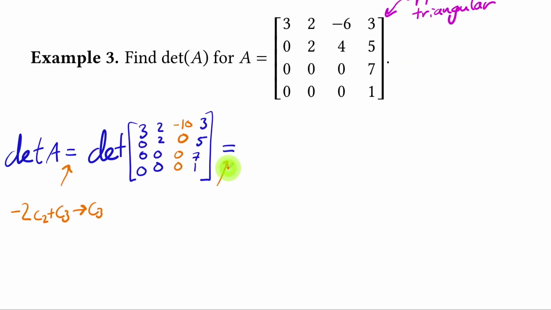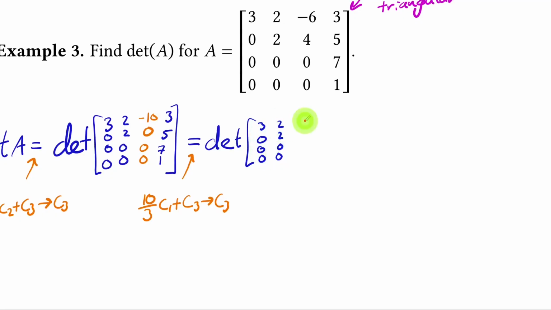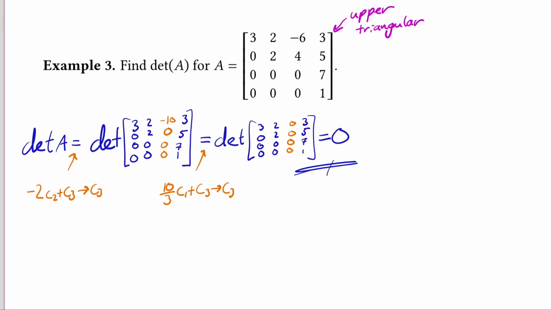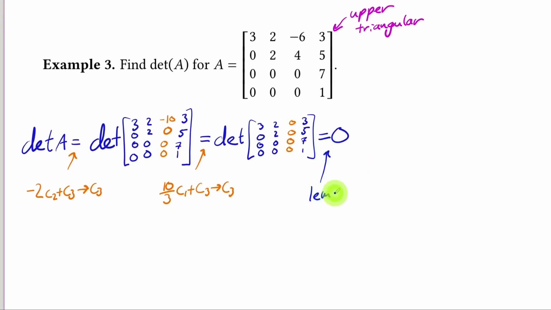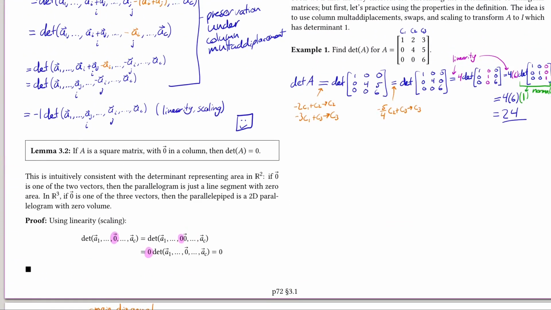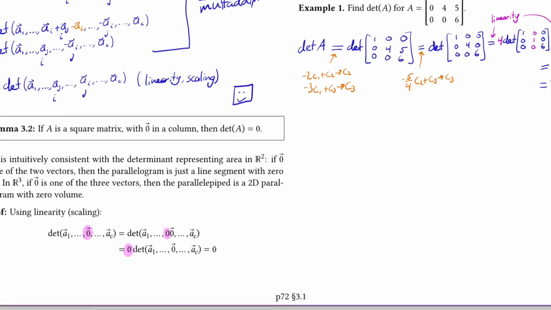Now we can do 10 thirds times column 1 plus column 3 to replace column 3. And again, these do not change the determinant. And this is 0 using the lemma that we just looked at, that if you have 0 in a column, the determinant is 0.